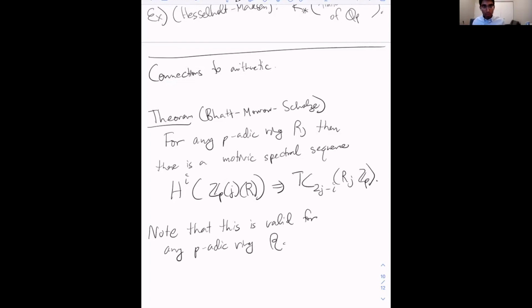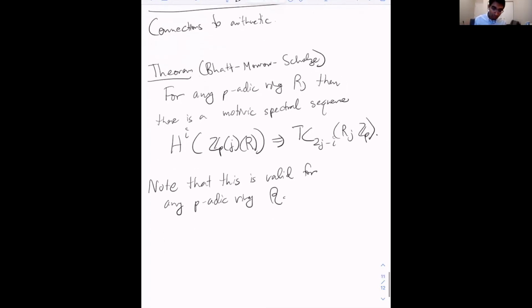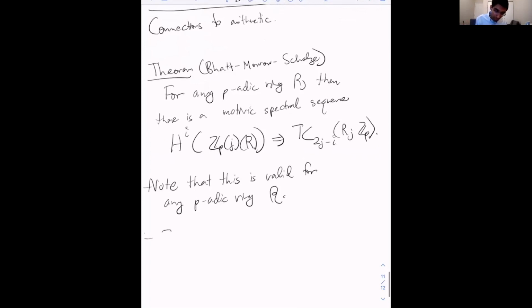So they construct an analog of the motivic spectral sequence for topological cyclic homology that's valid for any ring R with arbitrary singularities, and where the terms in the E2 term are also objects that they define. These Z_p(j) of R are objects that can be defined purely algebraically in terms of prismatic cohomology.